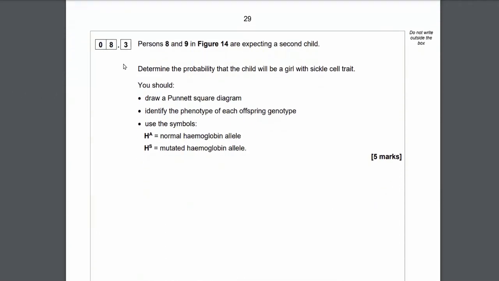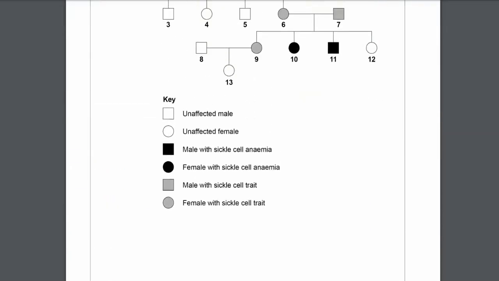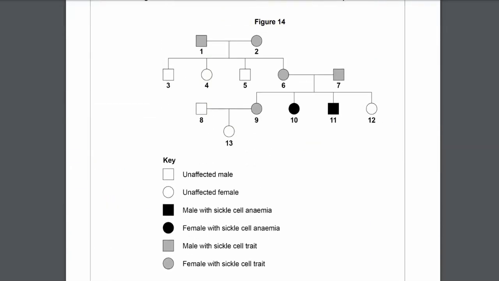Now it says person 8 and 9 in figure 14 are expecting a second child. Determine the probability the child will be a girl, and what's the probability they will have sickle cell trait. Draw a Punnett square diagram, identify the phenotype of each genotype, use the symbols HA and HS. So let's zoom in on 8 and 9. So male is unaffected.